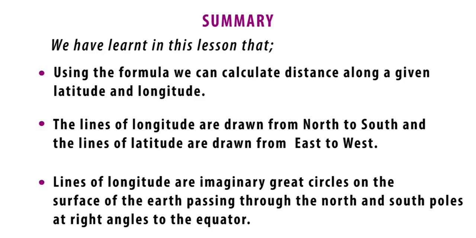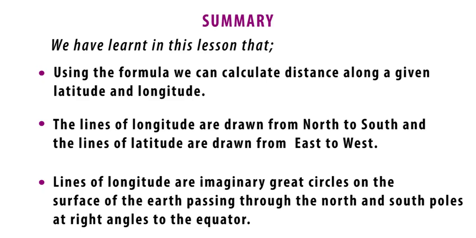In this lesson, we have learned that 1. Using the formula, we can calculate the distance along a given latitude and a longitude. 2. The lines of longitude are drawn from the north to the south, and the lines of latitude are drawn from the east to the west.